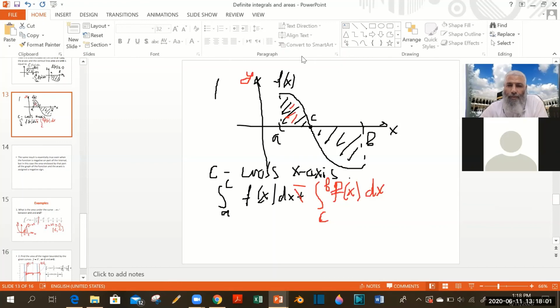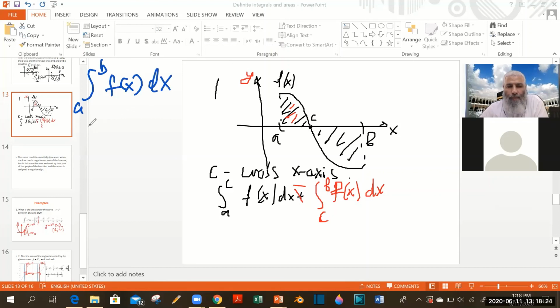And he asks about the integration or the area under the curve. So from A to B, he needs the integration from A to B of f of x dx.